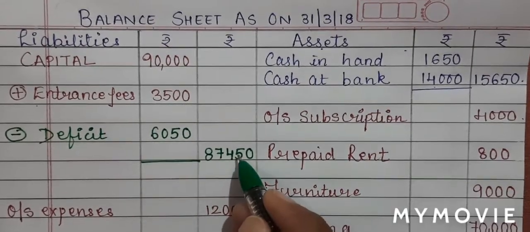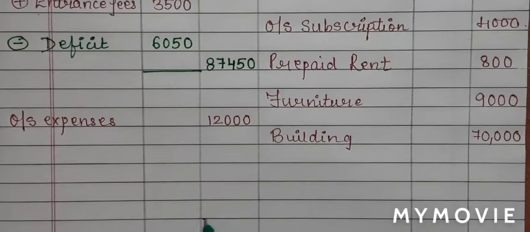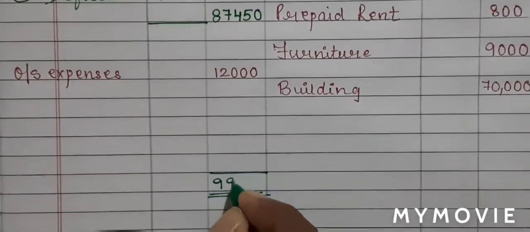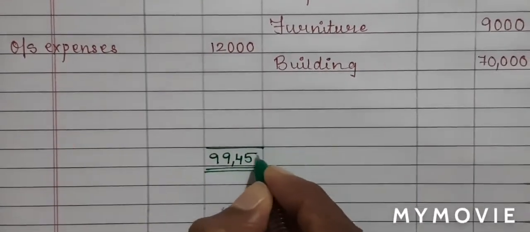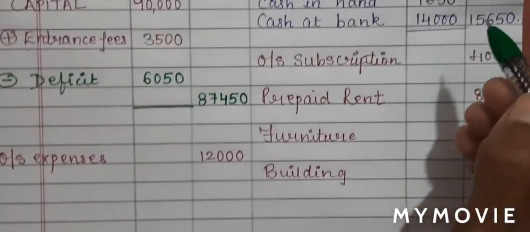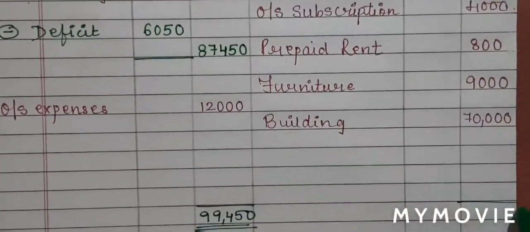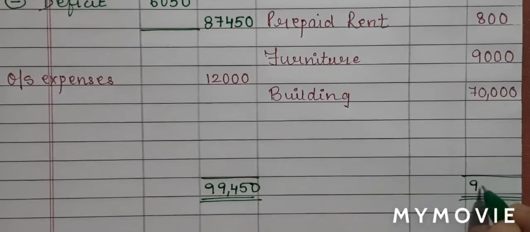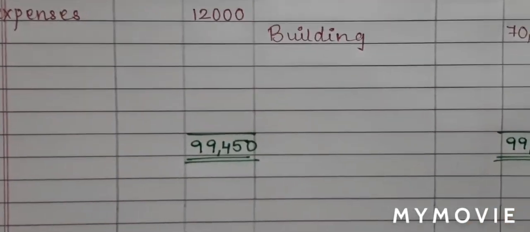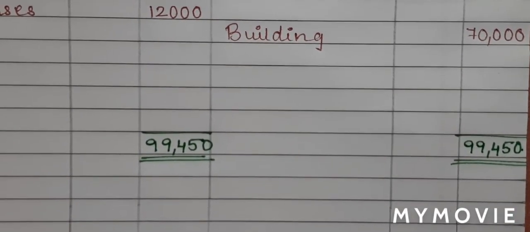I will now total my liability side. When I total my liability side, I get a total of 99,450. And I will also total my asset side now. When I total my asset side, I get a total of 99,450. So students, we have tallied the sum and I hope you have understood the problem.